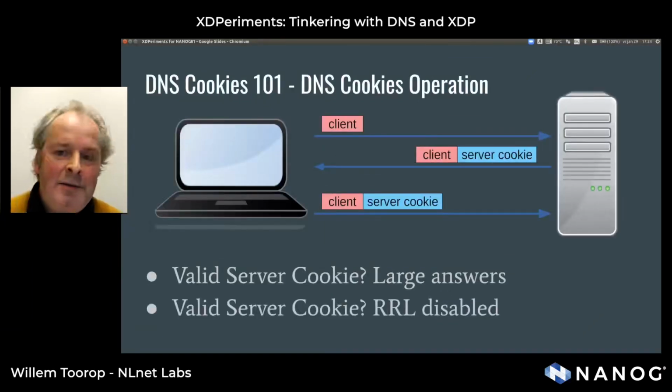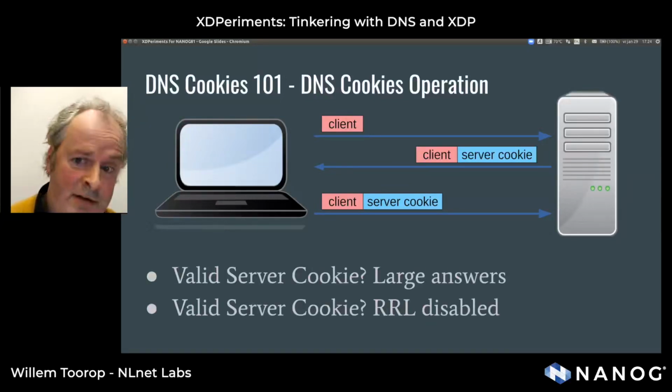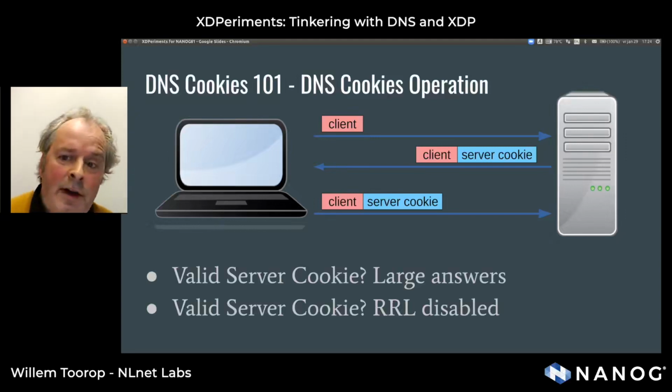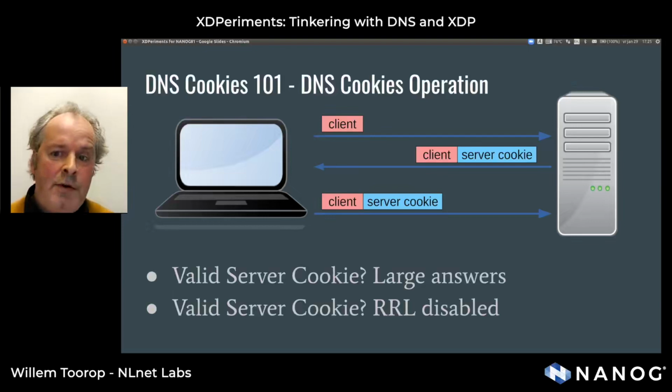So I'd like to talk a little bit more about DNS cookies, because it's a mechanism in DNS to generate VIP lists, the prefixes list to include, automatically in protocol. How does that work? Well, the client sends a client cookie specific for the server it's contacting. The server creates a server cookie based on the client IP and a secret only known to the server, and returns this to the client.